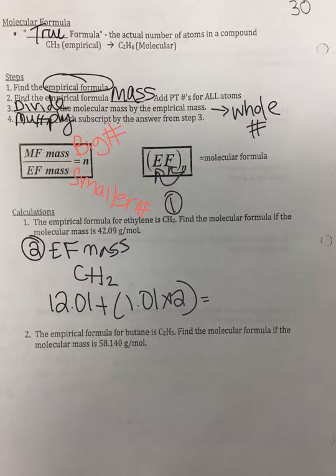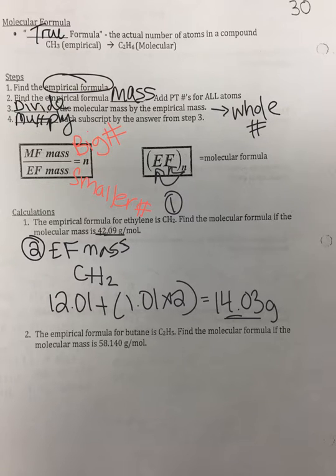You should be getting around 14.03. Okay? Do you see that this number is smaller than the one they gave you? So that's where you can use that little shortcut. Just recognizing that it's smaller, it goes underneath.